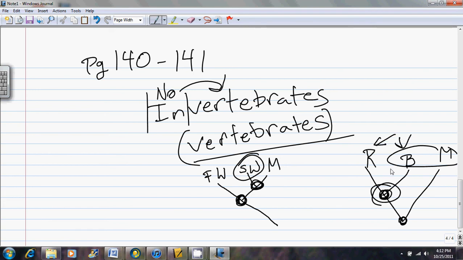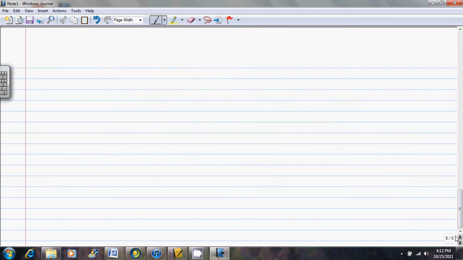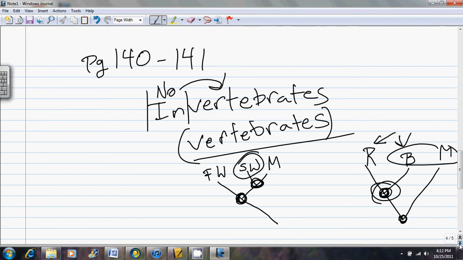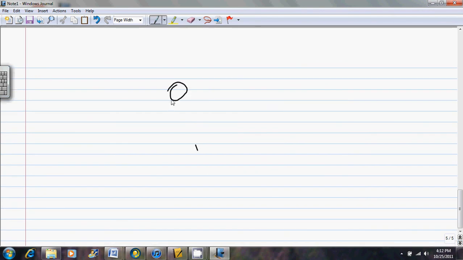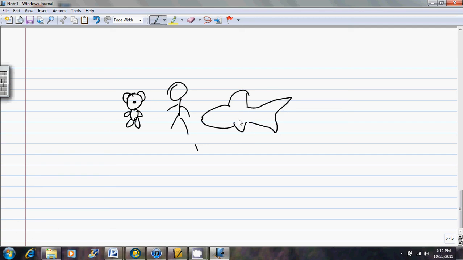Now, important enough, when we're talking about identifying things, I asked you the question, what would happen if there was me, and on one side I had a monkey, or a chimp, and on the other side, there was a shark. Gotta love my awesome drawings. So there's a shark. It's me, a monkey, and a shark. And I say, which one would you guys say more closely related to?